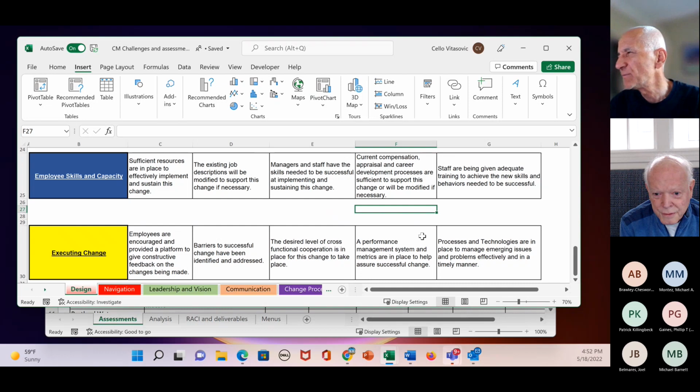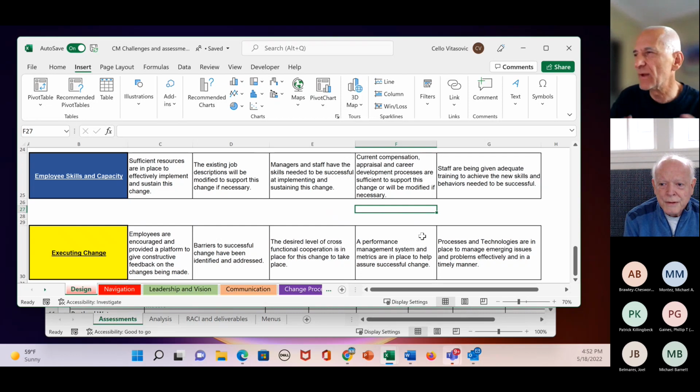A performance management system and metrics are in place to help assure successful change, and processes and technologies are in place to manage emerging issues and problems effectively and in a timely manner. We will be able to answer these questions based on the previous surveys or previous steps that we've taken. We could look at the results. And this is the last category.